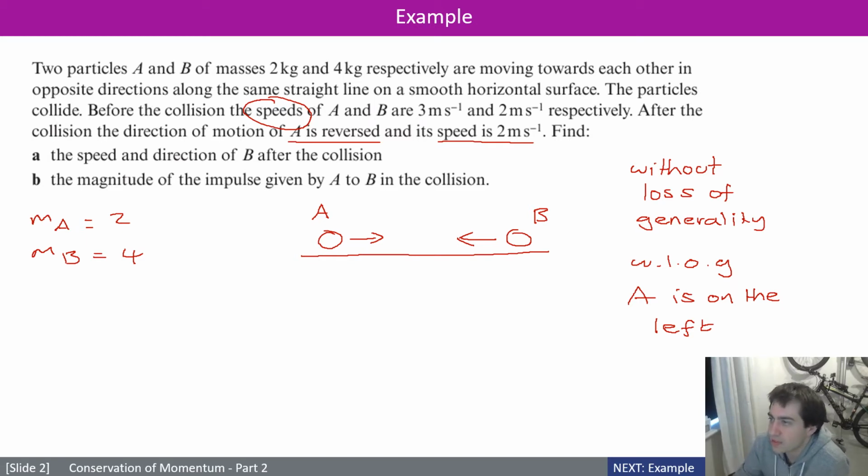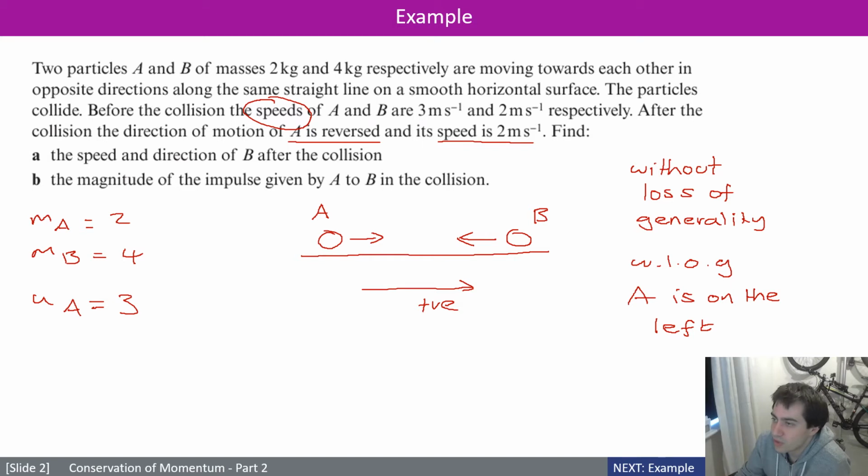So in that case, I'm going to say UA is equal to 3, and that's because I'm taking right as positive. That in itself is an assumption which, without loss of generality, applies too. If I say right is positive or left is positive, it doesn't matter. You just pick one, you'll still get a correct answer, and you just have to interpret it in terms of what you initially assumed.